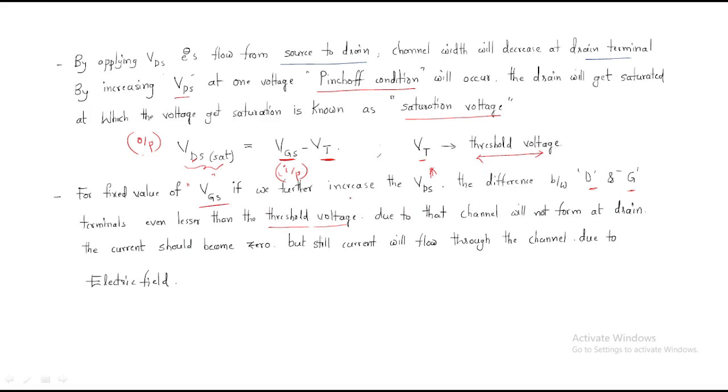The voltage between gate and drain terminal is lesser than the threshold voltage. Due to that, the channel will not form at the drain. So that's why the channel at the drain will be zero.